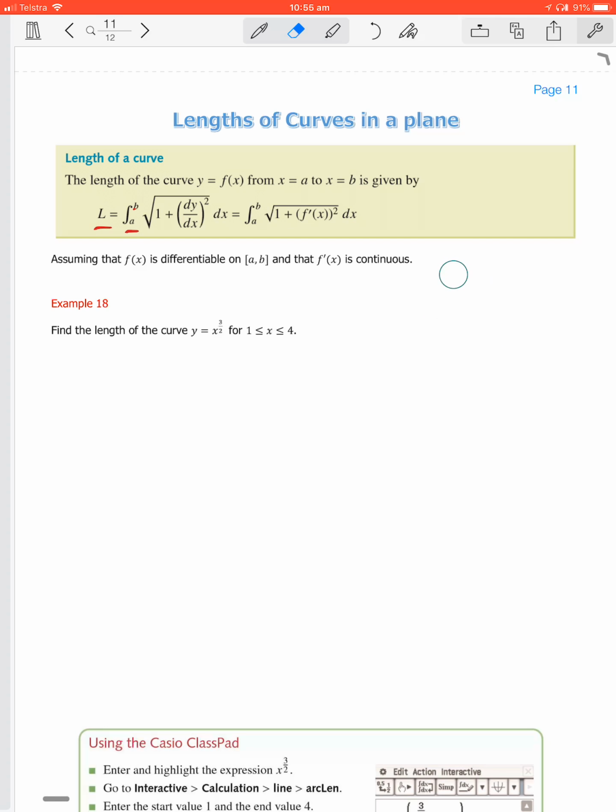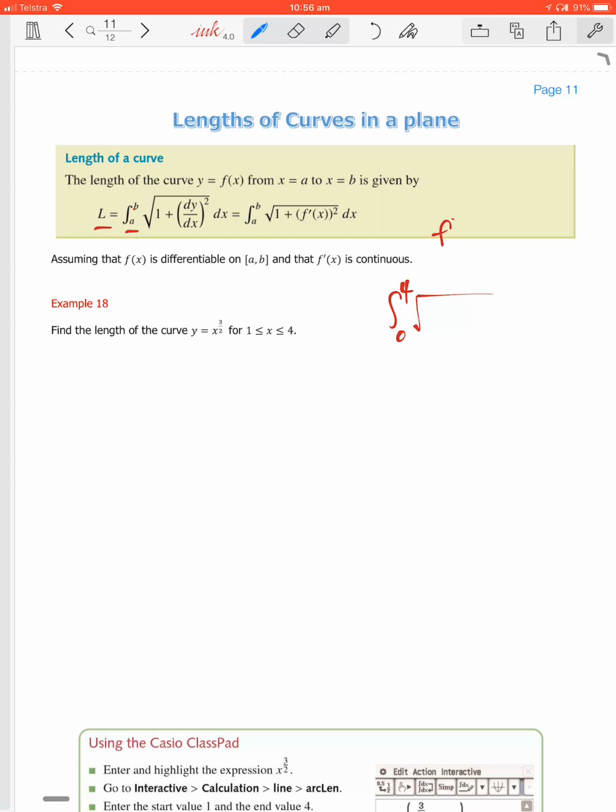So let's now try that from 0 to 4. What's our formula?